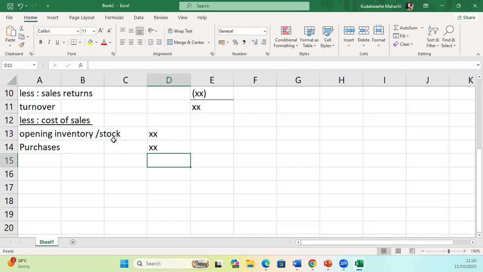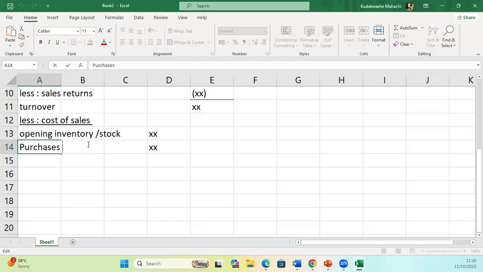And if you returned any of the goods, you can record the net purchases. So you can say the purchases less any purchases returns, or you can subtract the purchases returns. So you can say the purchases, these are the goods that you bought.